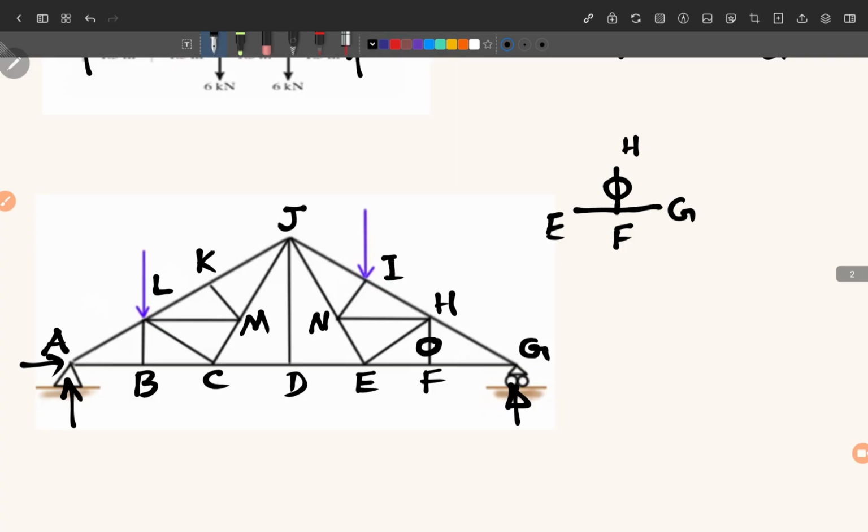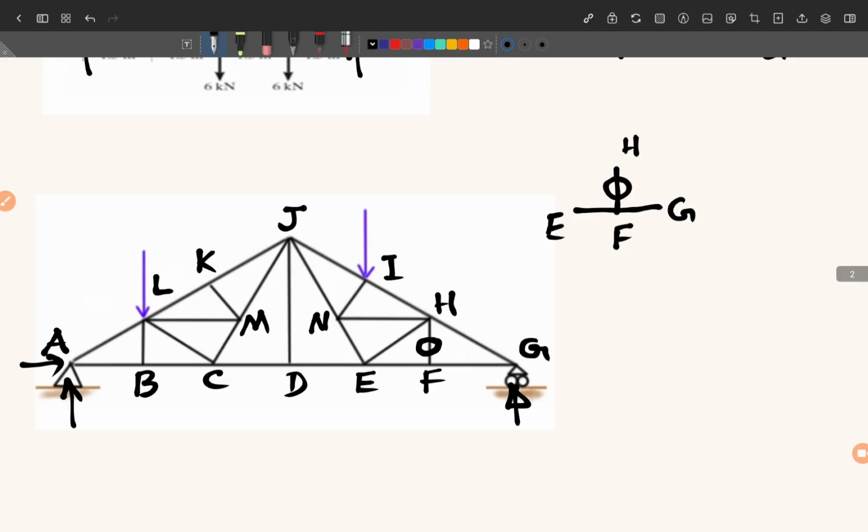Once we get FH equal to 0, we can go to joint H. Now look at joint H. Is there any possibility of zero force? No. At joint H there are 1, 2, 3, 4 forces. So we cannot say anything about joint H. Similarly at I there are 4 forces.